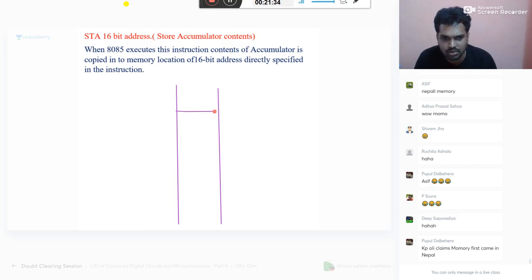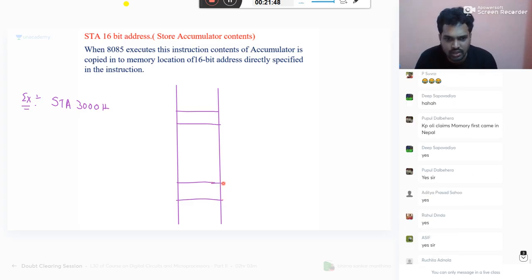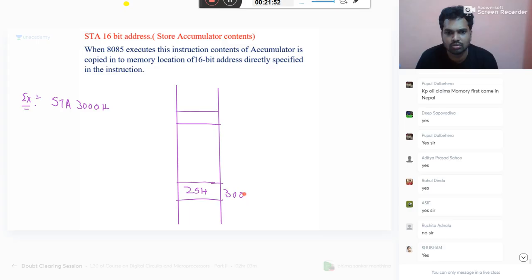Please listen, stop the discussion. Now, for example, shall we take the same address? Store 3000. So 3000 is the location which is having some number, 25. Now what will I write? I will be writing the opcode and 30, so some address.